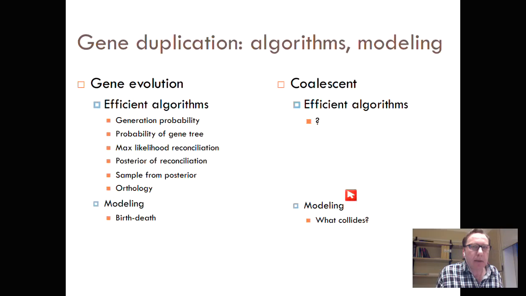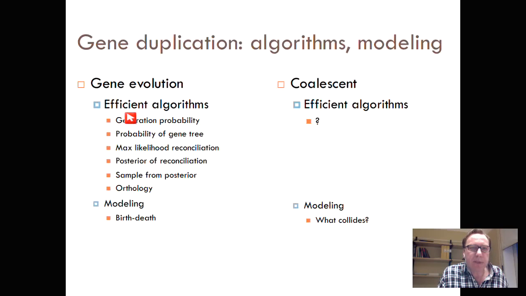And I just want to compare the situation we have for the gene evolution model with the situation for the coalescent. I'm aware that the coalescent is probably a better model than the gene evolution model when you want to model populations and lineage sorting. But when you want to model gene duplication, I would claim that the gene evolution model is better, because there's no real interpretation of the colliding event when you look at duplication of genes.